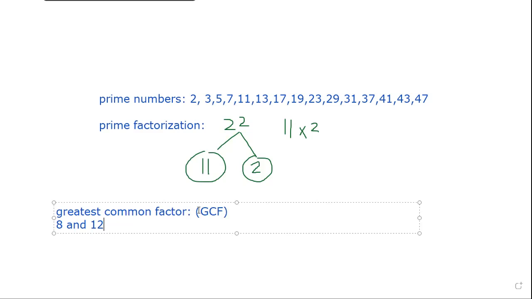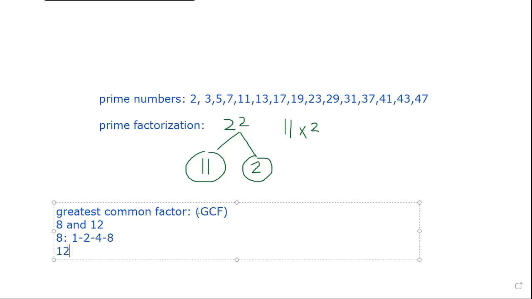Now, when you look at these two numbers, mentally you remember that they both have 1, 2 and 4 as factors, and not 8, because 8 is not a factor of 12. So I look at the 4. I can use the way of listing the factors. If I list the factors of 8, of course I start with 1, 2, 4, and 8.